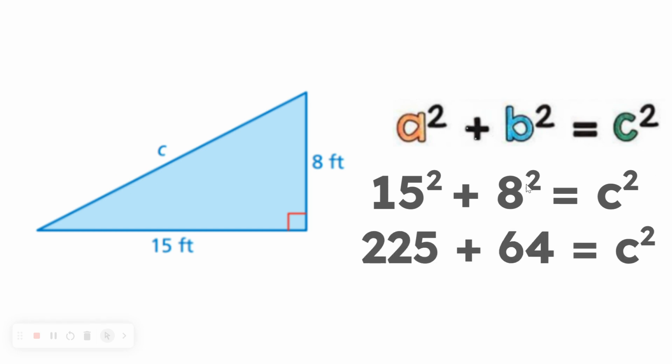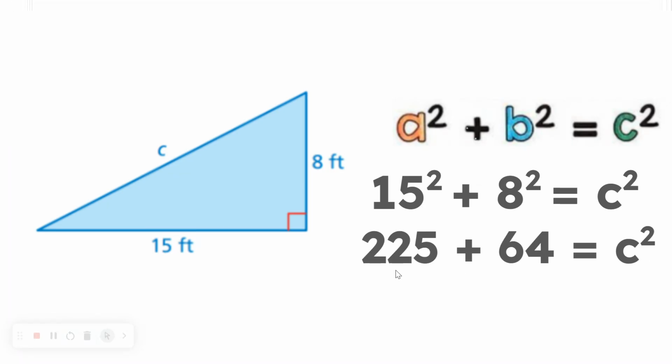And 8 squared gives us 64. Hopefully you knew this one, because we talked about it a lot yesterday. We now know that 225 plus 64 is equal to c squared.